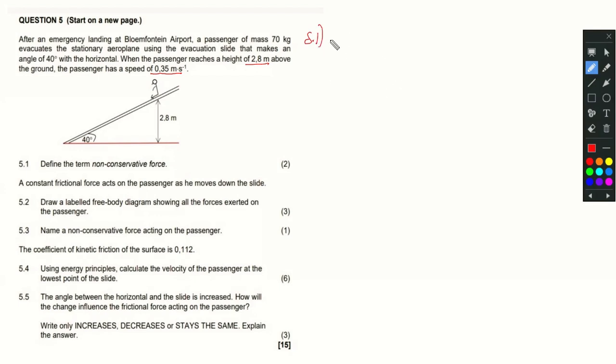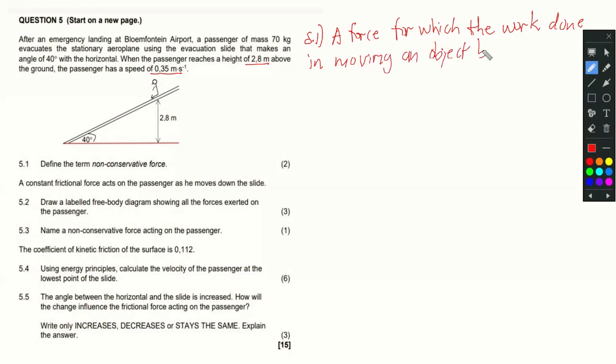As we know already, a non-conservative force is a force for which the work done in moving an object between 2 points depends on the path taken, right?